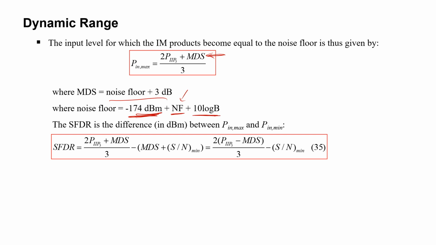So the spurious free dynamic range is the difference in dB between P in maximum and P in minimum. I explained P in maximum and P in minimum three slides ago.